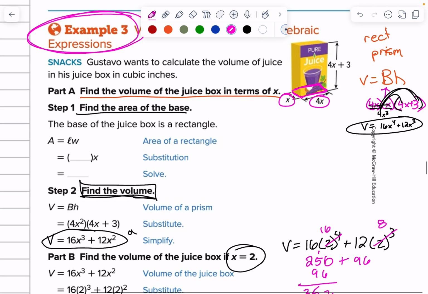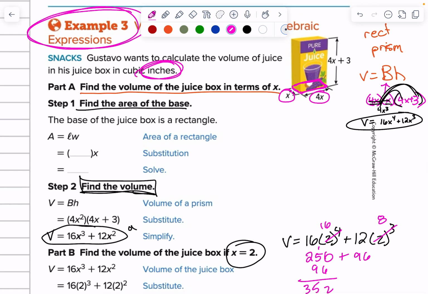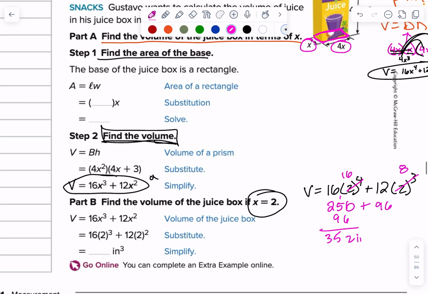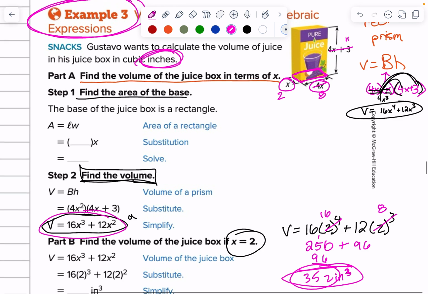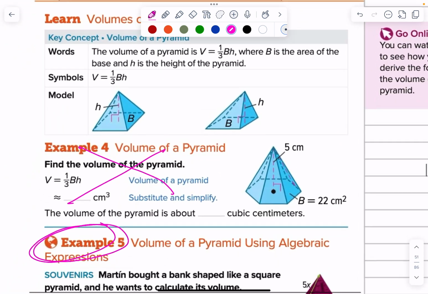That is in inches cubed. If x was 2, this would be a 2 by 8 by 11, and that would be the volume. So 2 times 8 times 11 should end up being 252, I'm going to guess. So they're going to ask you to write it out in terms of x and then actually plug a number in.